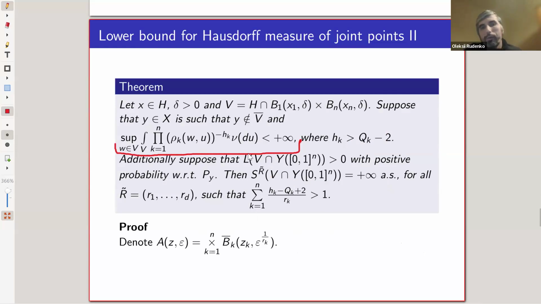Maybe it's not exactly equivalent to what I have in my paper, but it is part of the conditions that I need for this to be non-empty. But also it is the condition for the capacity of the set to be positive.